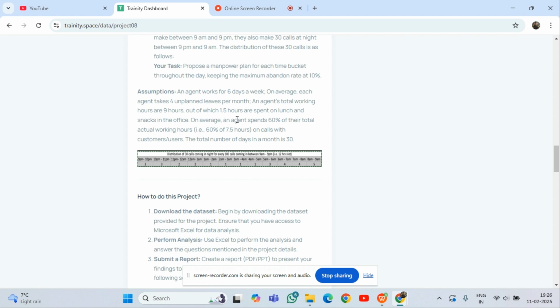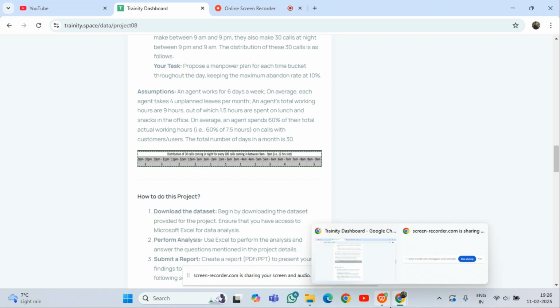Out of the 9 hours, 1.5 are spent on lunch and snacks in the office. After subtracting 1.5 from the 9 hours, you get 7.5 hours. On average, an agent spends 60% of the 7.5 hours working effectively, which comes to about 4.5 hours.